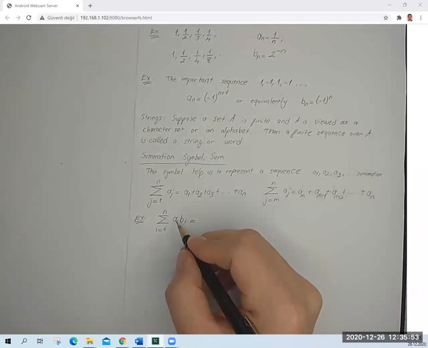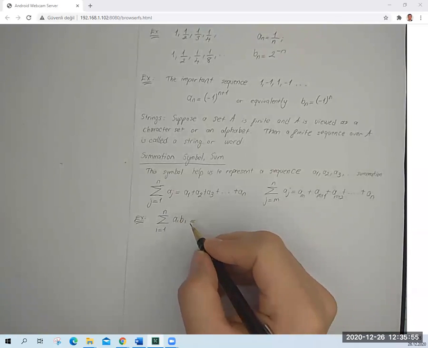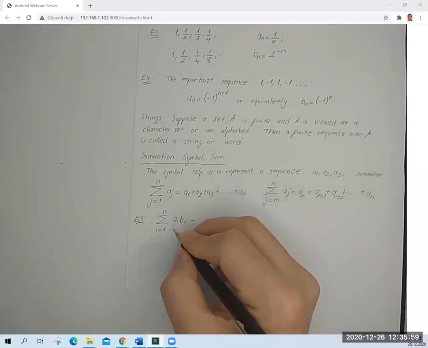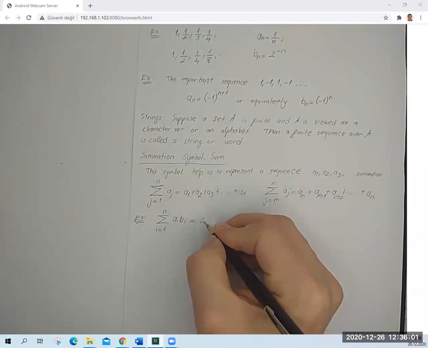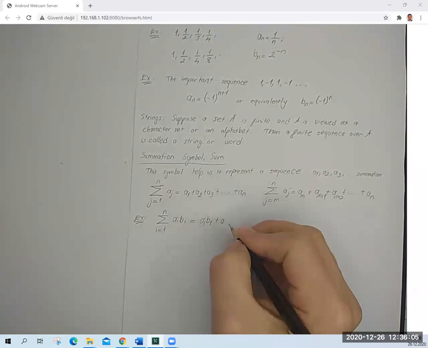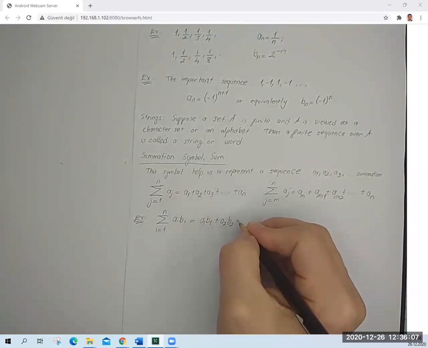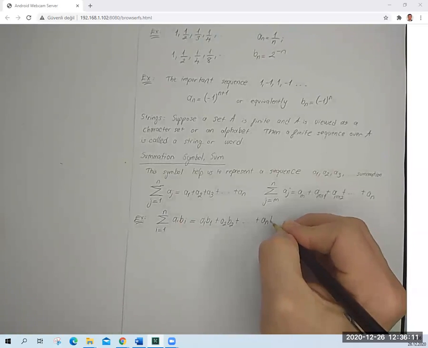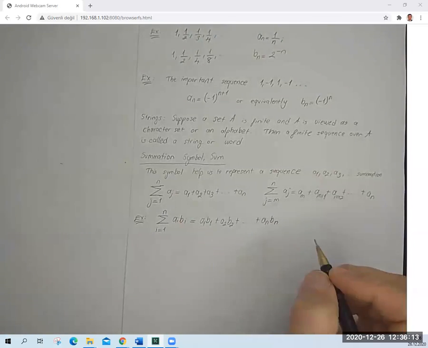Then we will write a_i times b_i. We will write first a1 b1 plus a2 b2 plus and so on, to a_n b_n, a sub n, b sub n.